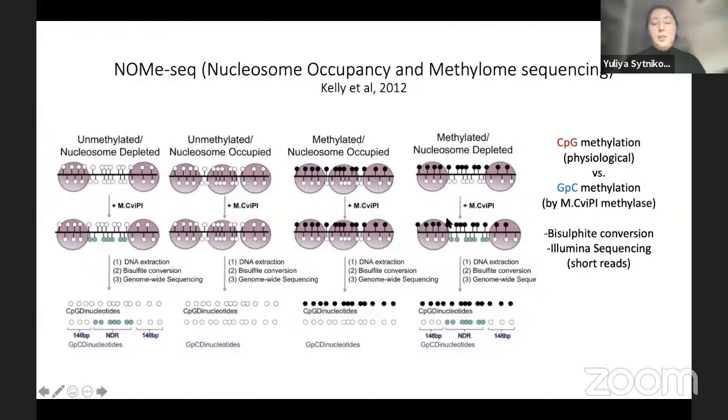Of course there are sites where you have a number of GC coming together, but the authors conclude that this is a minority, and altogether this method is pretty useful to see how methylation affects chromatin accessibility.